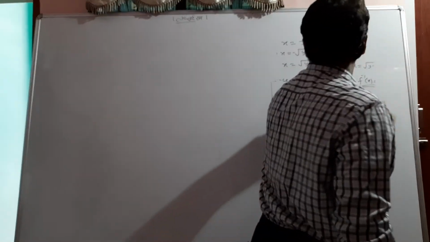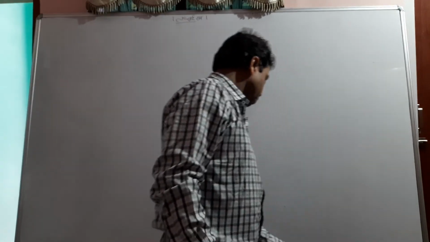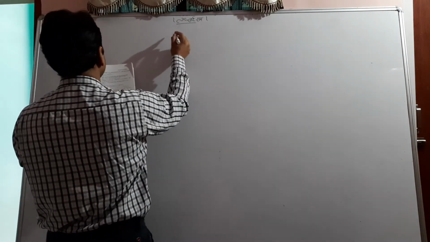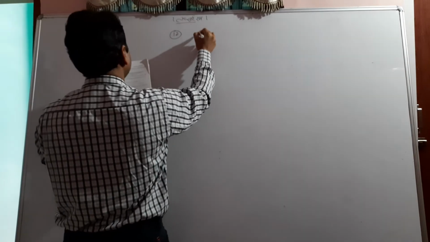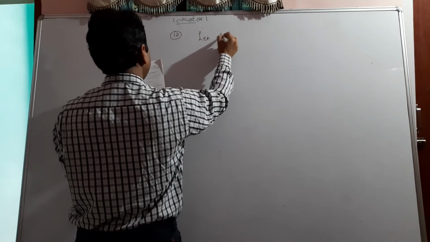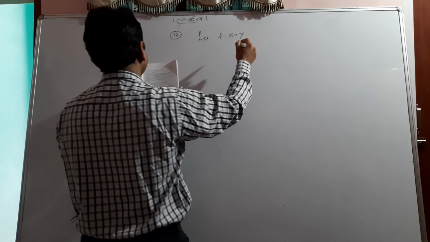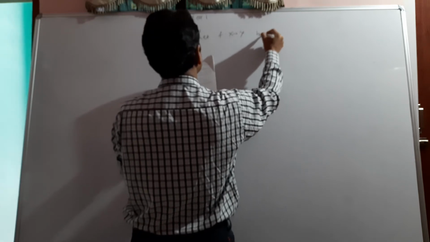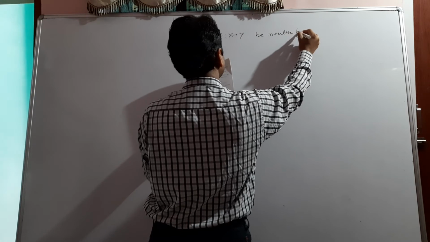Okay students, I think you have learned how to find the inverse. 3 or 4 questions I have told. Now one question which came last year, this is an important one it seems, so I am telling you. Let f be a function from set X to Y, an invertible function.